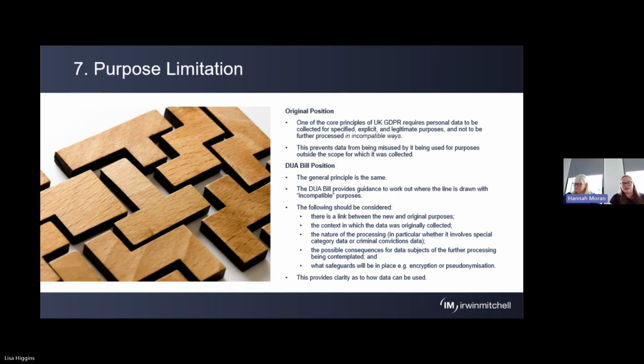And we think that it'll provide greater clarity as to how data can be used when it comes to purpose limitation.